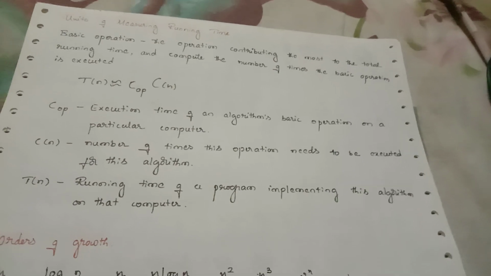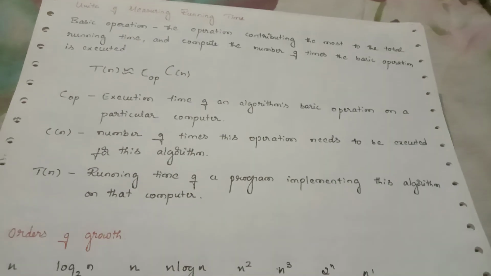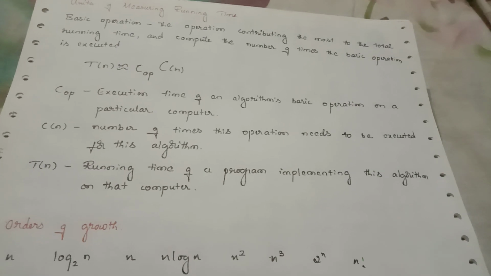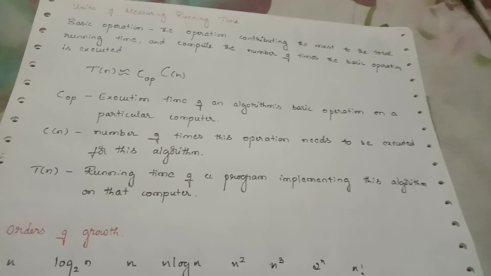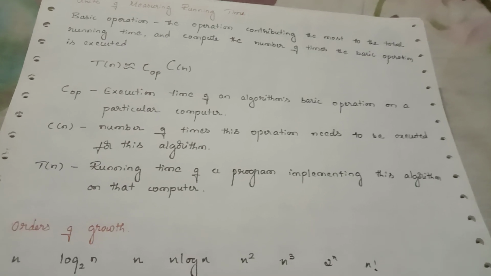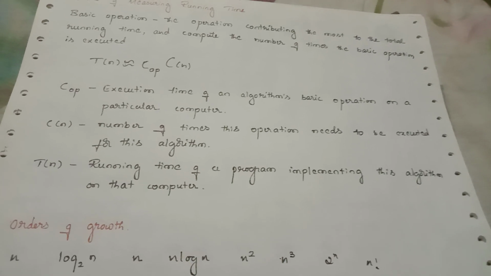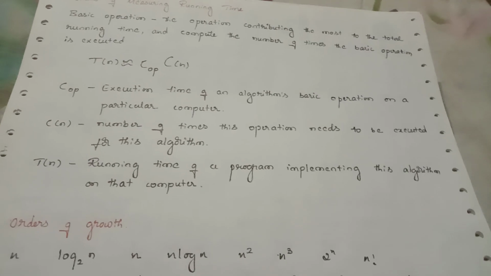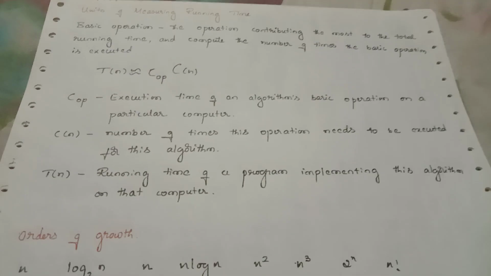When we take the multiplication of matrices, there come two operations. We know how to multiply two matrices: we need to make multiplication as well as addition, but since this is matrix multiplication, we can take multiplication as the basic operation. In this way we have to come to a conclusion about which will be the basic operation.